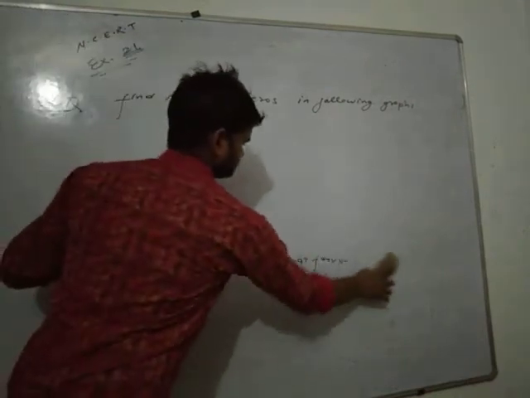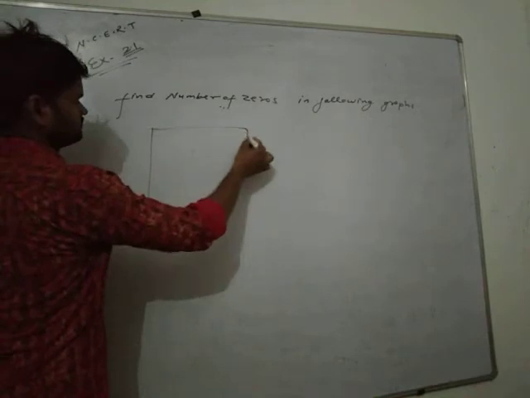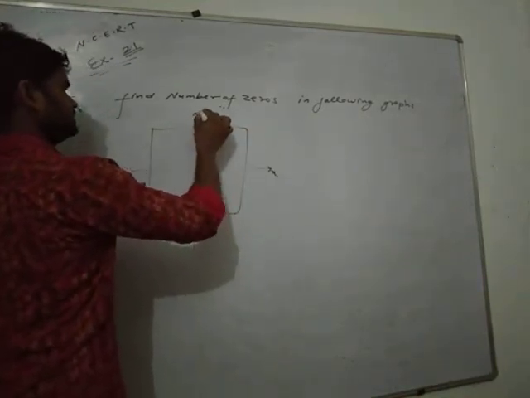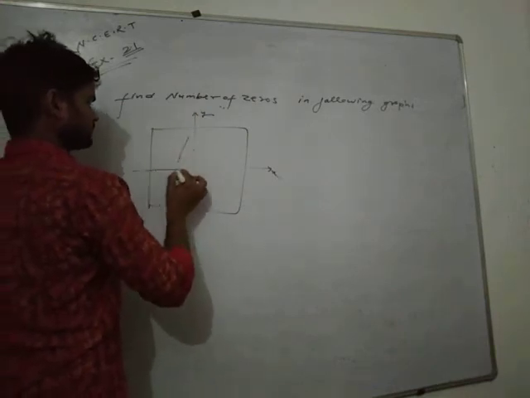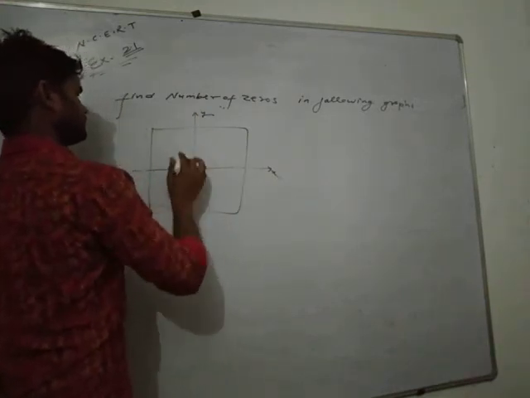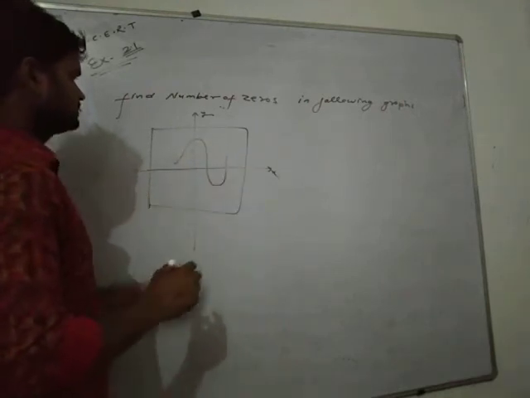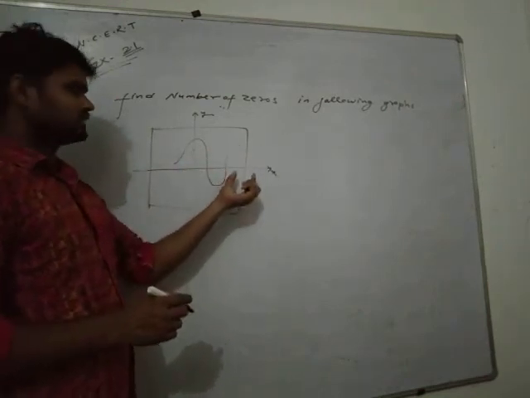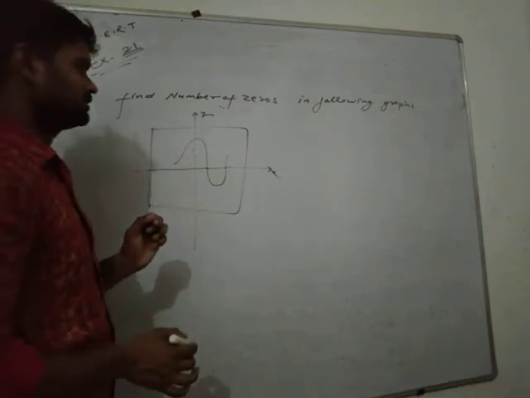Next, this is x-axis and this is y-axis. Here, this curve intersects the x-axis at this point and this point.